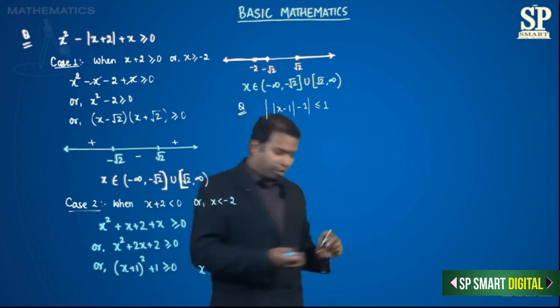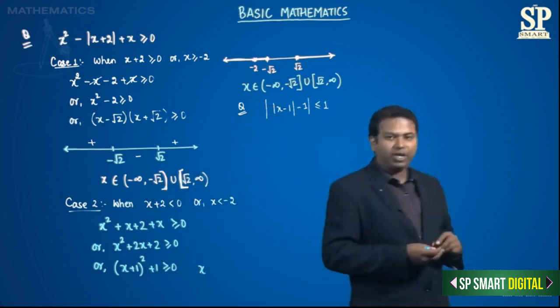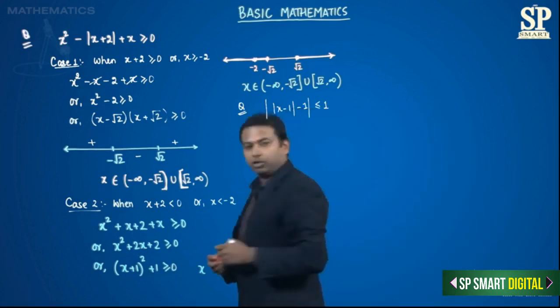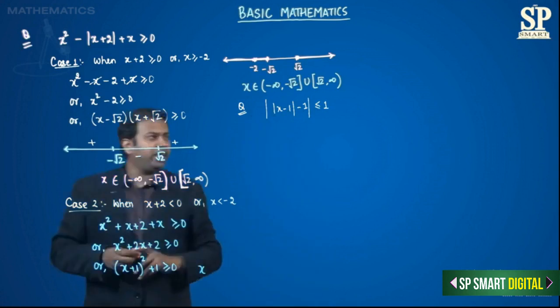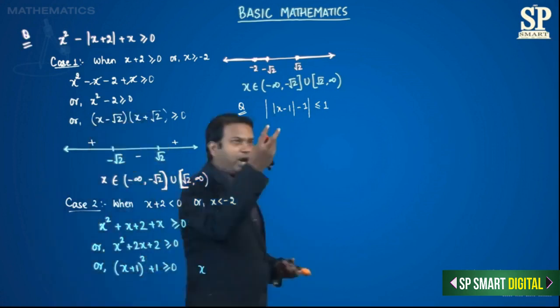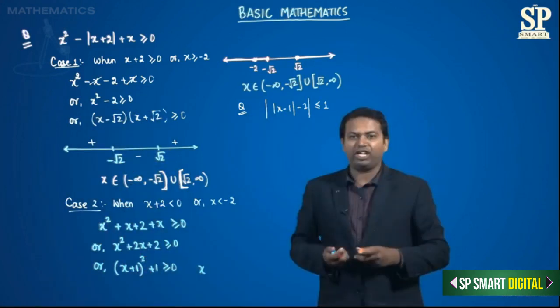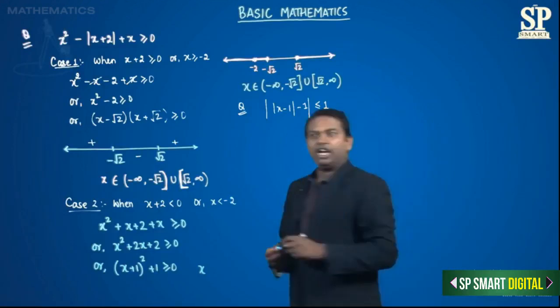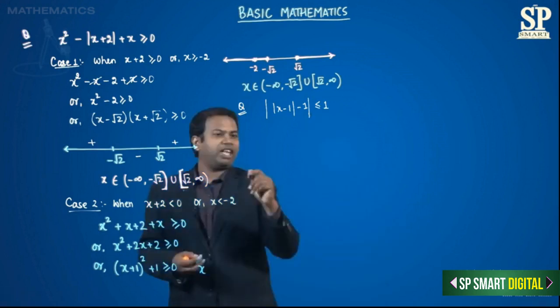Now here it might look very complicated to you because there is a modulus sign inside another modulus sign. So you might have difficulty trying to understand or approach this particular question. Now we have just now seen two properties related to modulus.